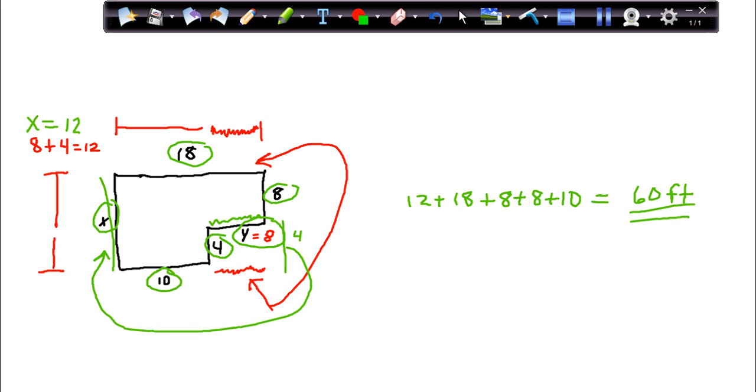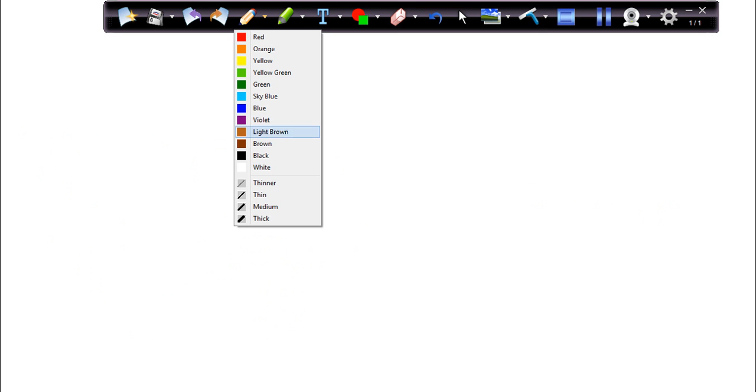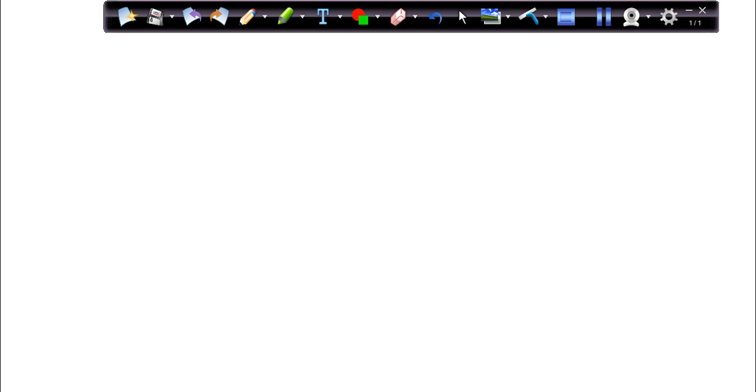Let's get a blank screen and let's see if we can draw that out. So you have a figure that looks something like this. And it goes out something like that.